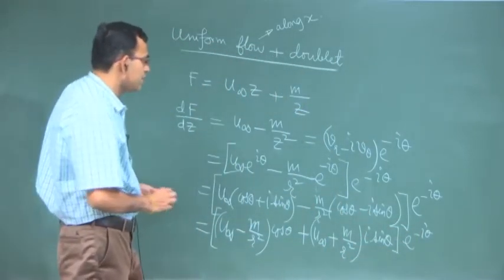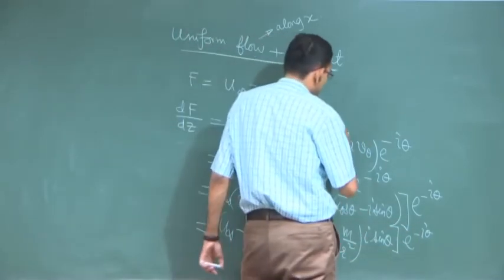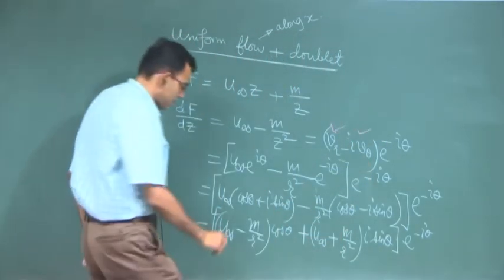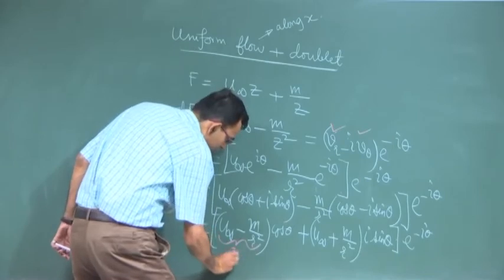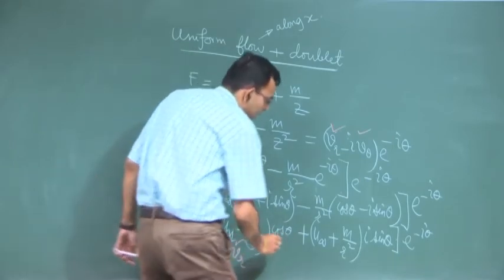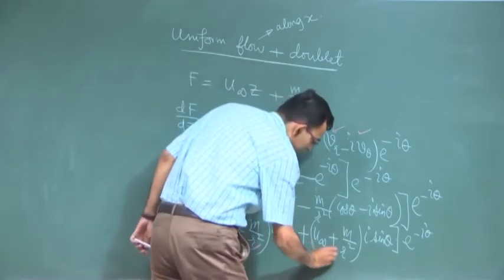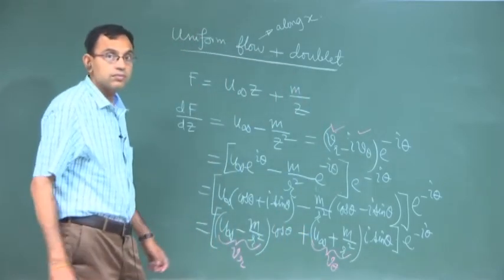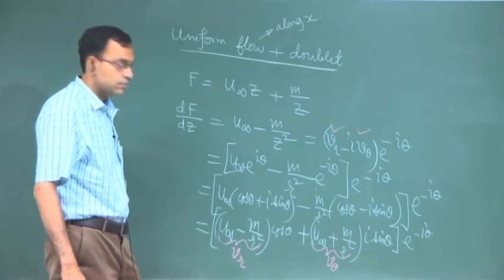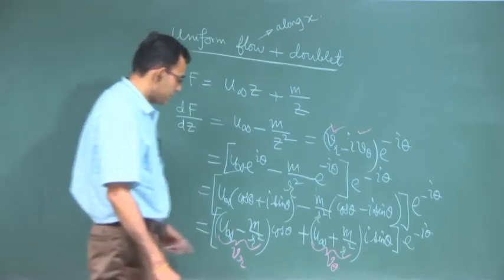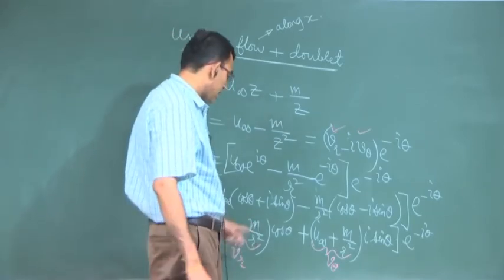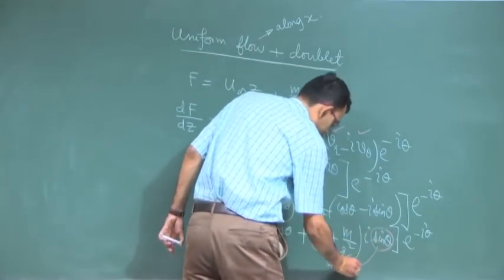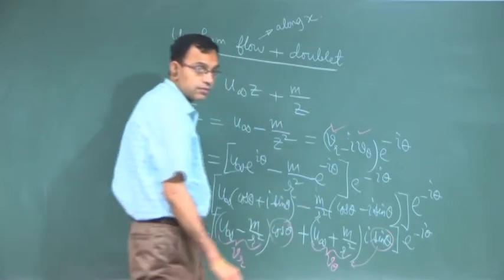If you compare this with V r minus i V theta, then this is as good as V r and this is as good as V theta, including the sin theta and cos theta.